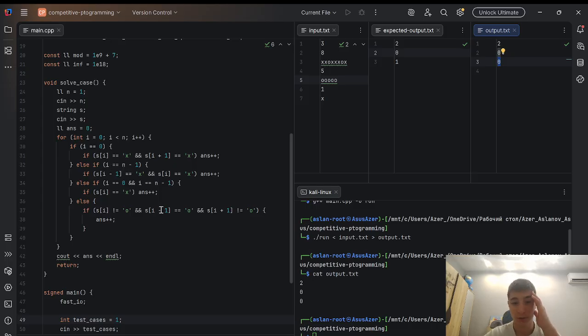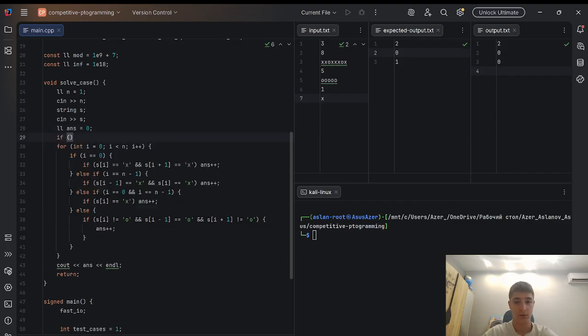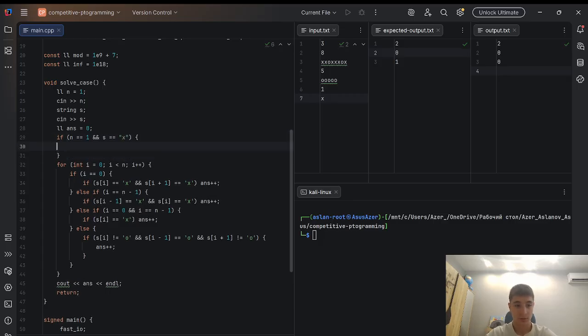So now I don't really know what to do and how to implement this problem, because it's really hard to fulfill. Like, it's 0 and then minus 1. If it doesn't work, the best would be to make this: if n equal to 1 and s is equal to x, then just print 1 and simply return.